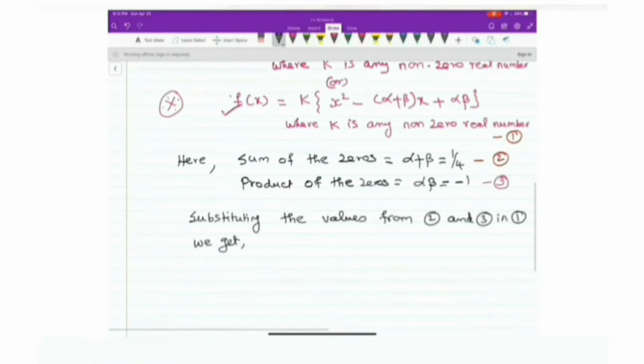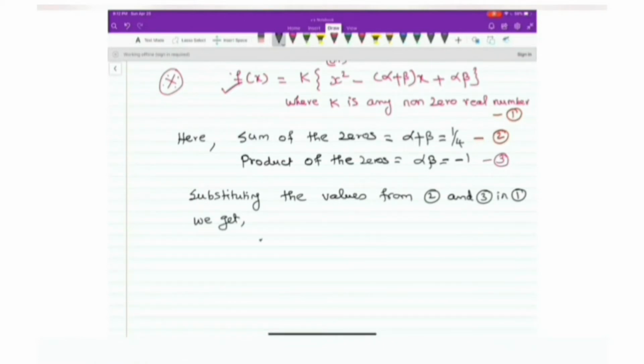So let us do that now. We get f of x is equal to k into x square minus, what is alpha plus beta?